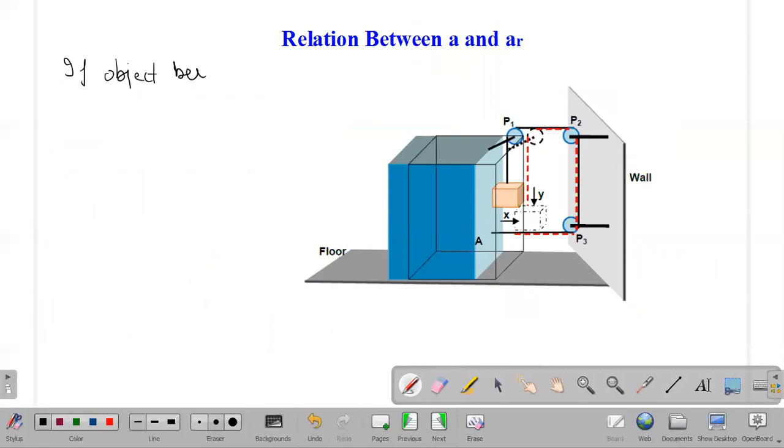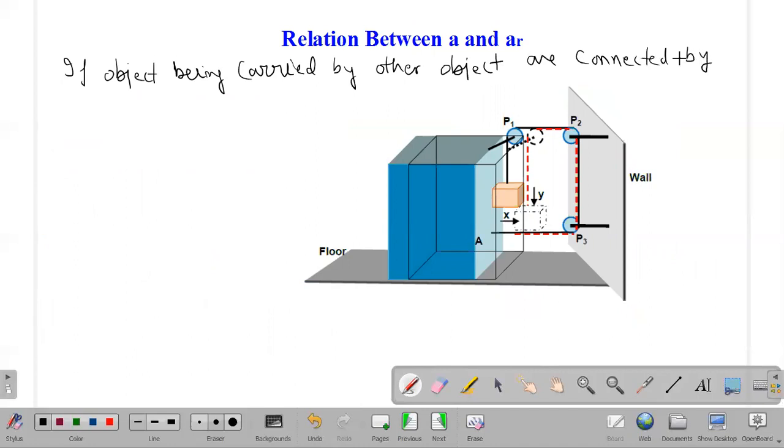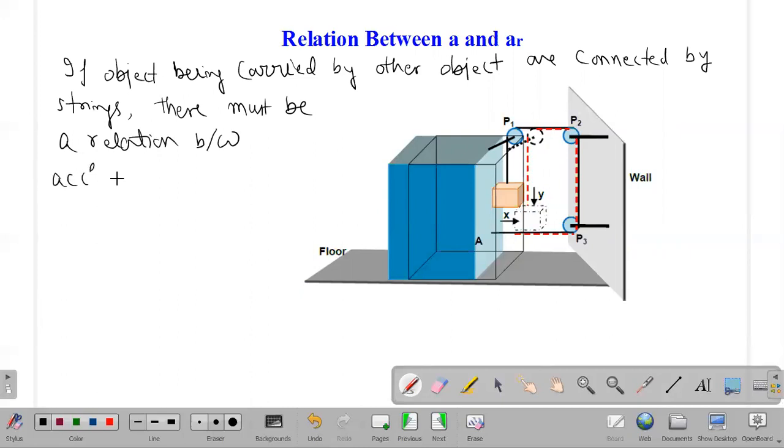If an object is being carried by another object, and they are connected by some string, there must be a relation between the acceleration of the carrier and the relative acceleration of the object being carried.